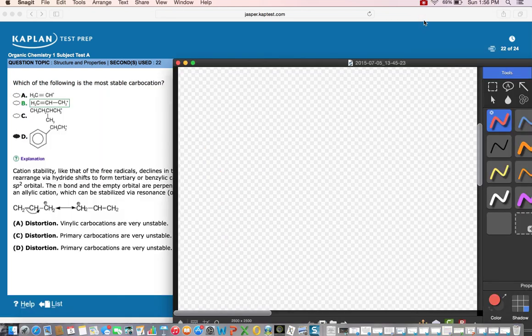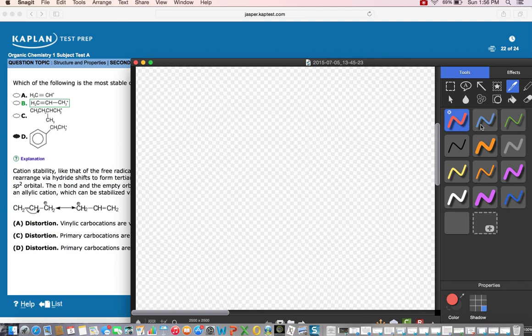All right, on this question we're asked, which of the following is the most stable carbocation? I want to draw each of these structures and then we'll discuss them in more detail. So the first one is simply a vinyl carbocation.